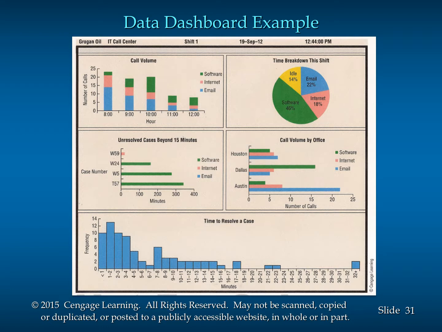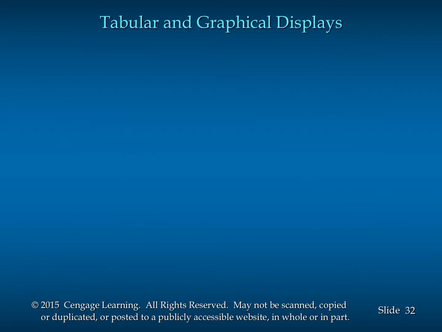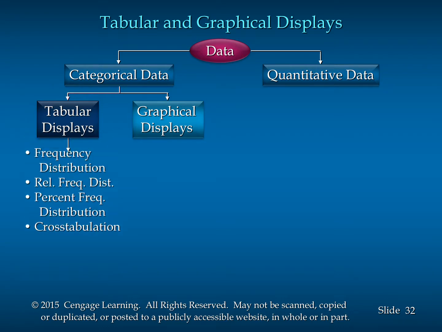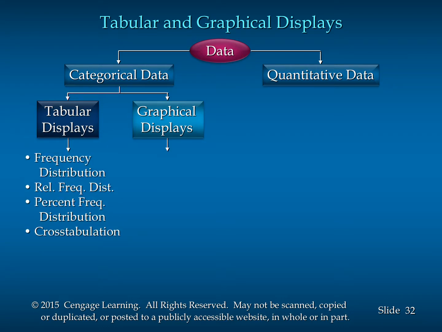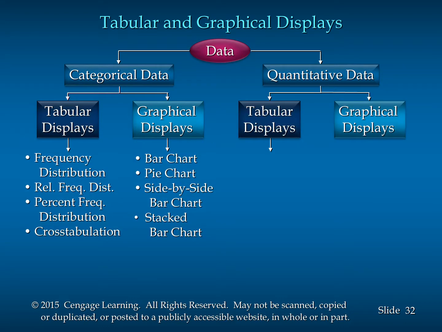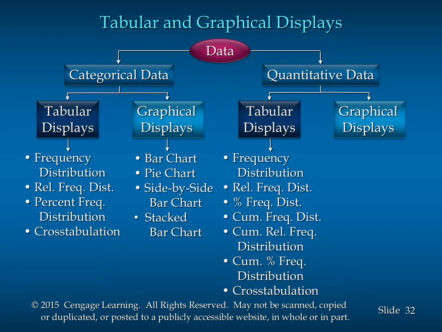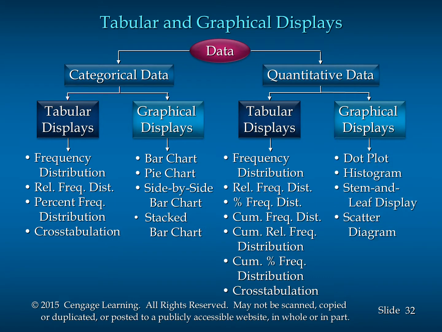It could very well be for a given time period or a given branch or division of an organization. Finally, as a summary, there are different types of tabular and graphical displays for both categorical and quantitative data. This shows the range of choices that you have.